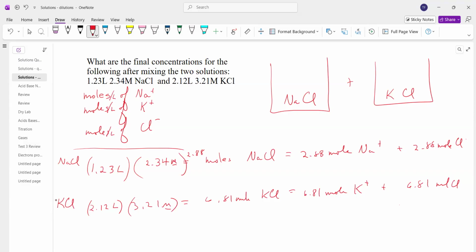Okay, so now we have the moles of each one, all three. And we need to add these two together, the chloride, common ion. Then we need to find the final volume. Final volume is going to be 123 and 212. So what is that? That's 335 liters.